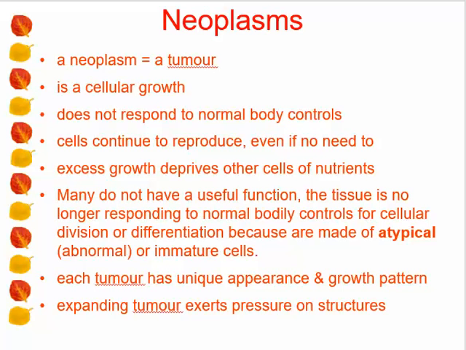It is primarily cellular, but it's cells growing out of control. Either the rate of growth is out of control, or they are reproducing inappropriately. Normally, interphase is when the cell does its work.